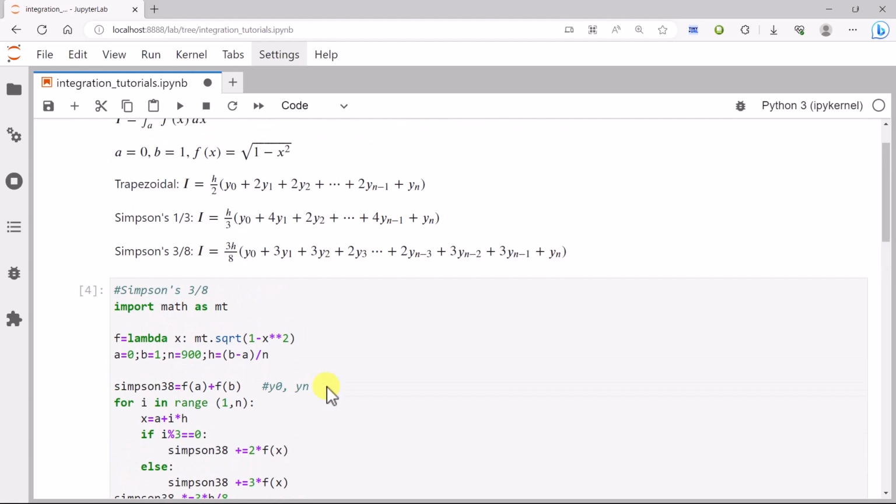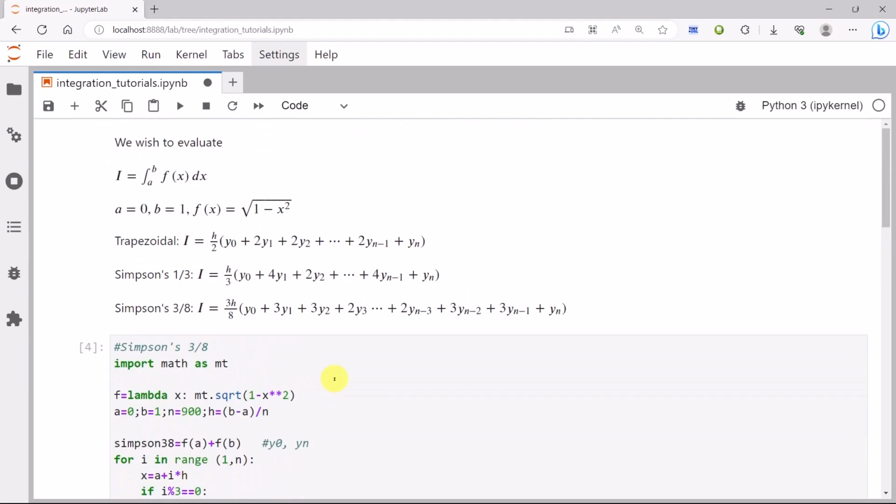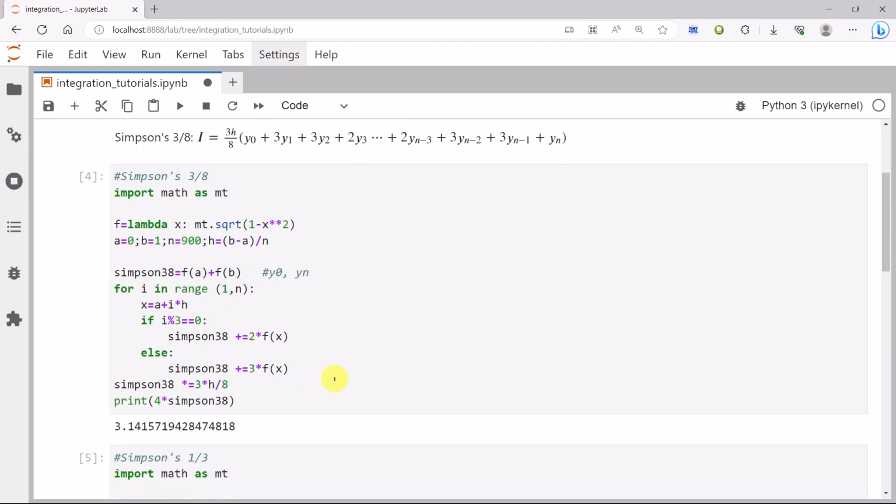So this is how you can write programs here. These are very simple programs, and you see that at the end you got the value of pi. If you want to calculate the centroid of this quarter segment, then all you have to do is multiply with x before you integrate, and then divide by the area. That should give you the centroid, which you can try.